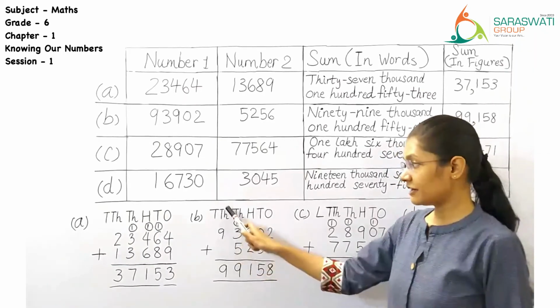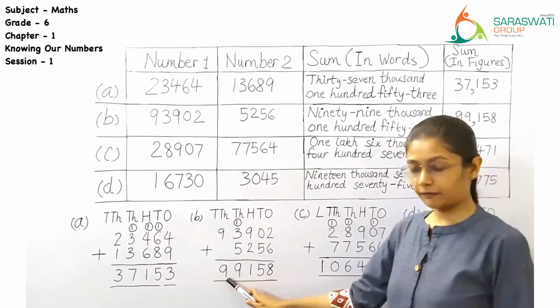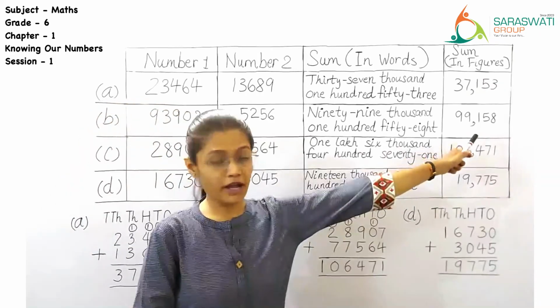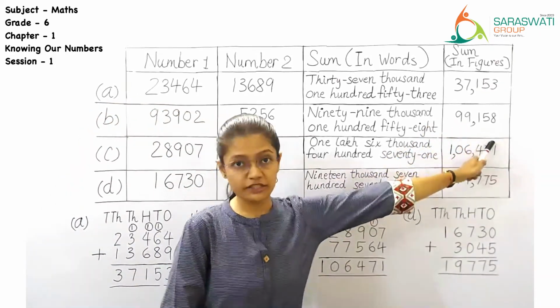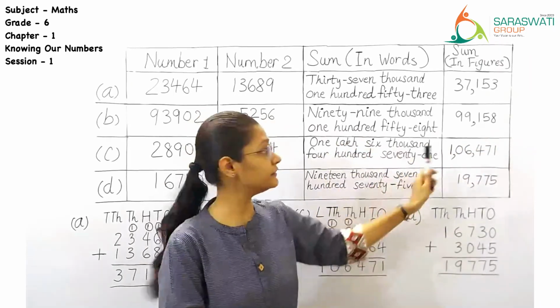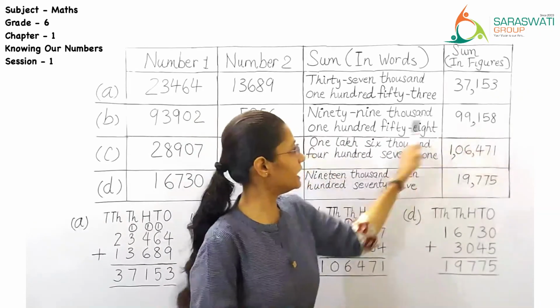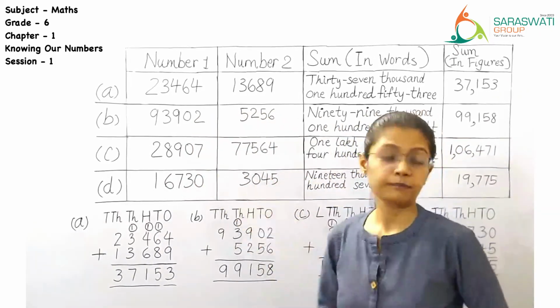And over here under the 10,000s column, 9 add 0. So 9. Now the sum, we write it along with a comma. So the sum consists of 5 digits, and in words we write it as 99,158.